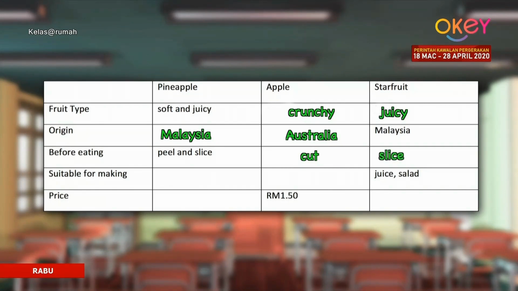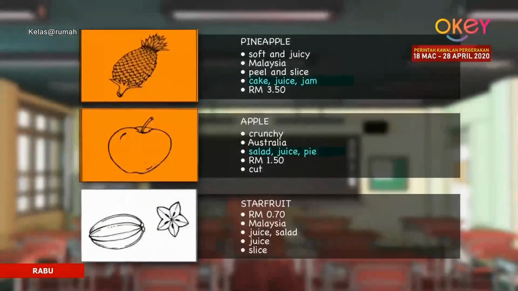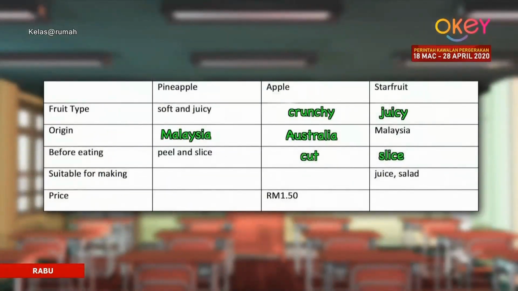For the fourth row, the answer for star fruit is juice, salad. This tells us the name of the food and the drinks that can be made from these fruit. We should look for nouns. That's right. The answer for pineapple is cake, juice, jam, while the answer for apple is salad, juice, and pie.